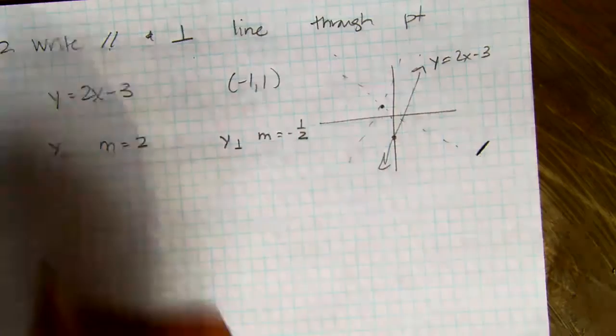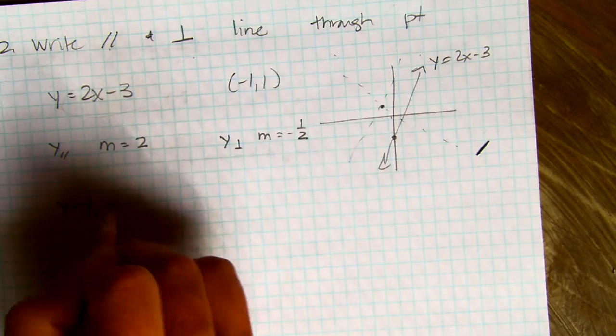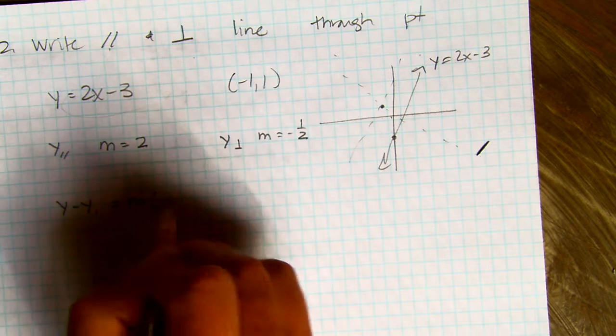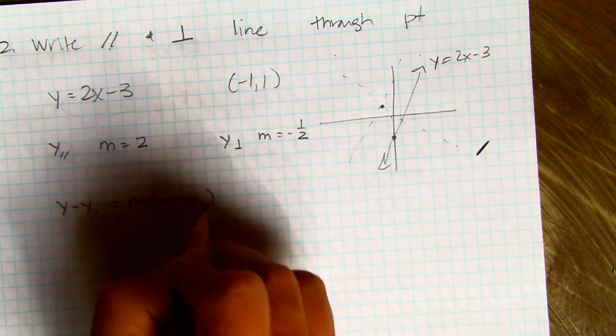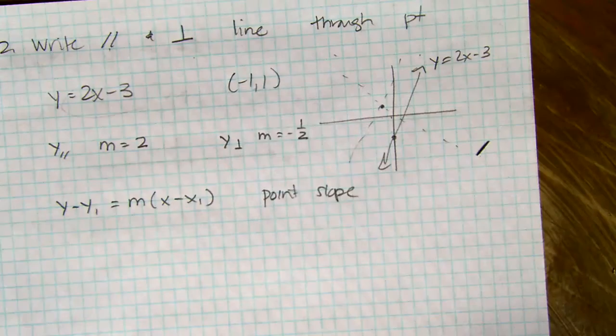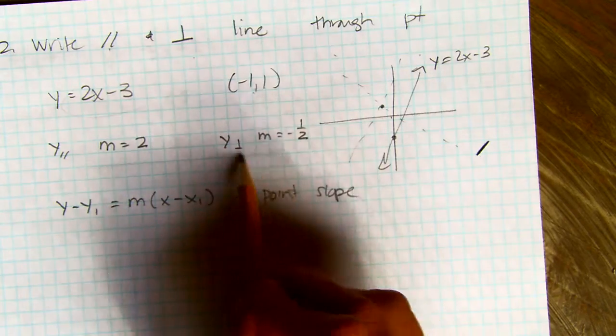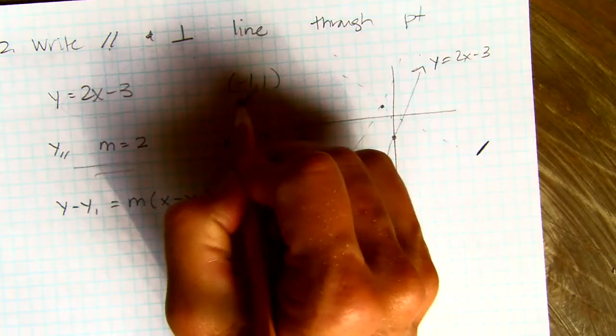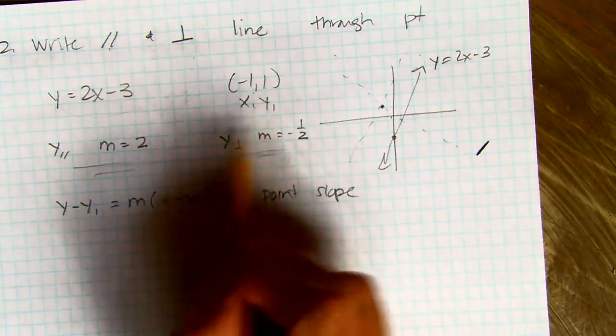Now I am going to suggest that you use point slope. This is the point slope form of an equation, and I feel like it's way more relevant because I am given a point and I know my slopes. So I simply plug values in.